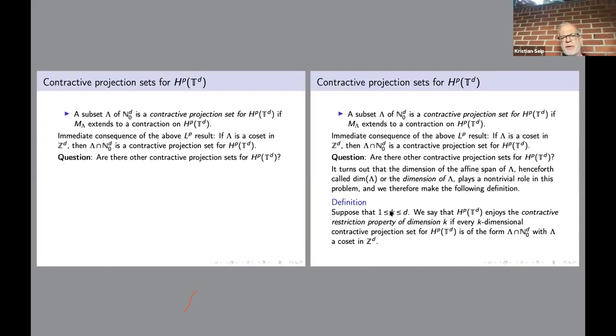So we have k lying between 1 and d, which you may think of as the dimension of the set of frequencies. We then say that Hp of T^d enjoys the contractive restriction property of dimension k if every k-dimensional contractive projection set for Hp of T^d is of the form given by the Ando-Rudin theorem.